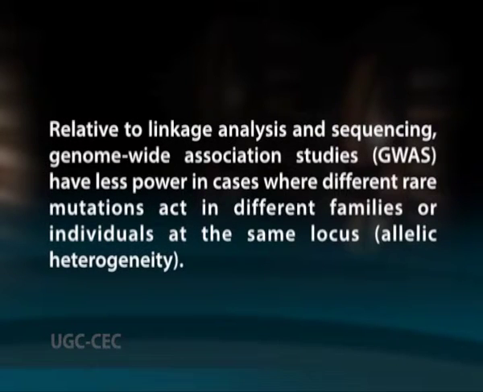Relative to linkage analysis and sequencing, genome-wide association studies have less power in cases where different rare mutations act in different families or individuals at the same locus, that is allelic heterogeneity. However, they are far more sensitive than family studies to complex polygenic associations in which a phenotype is associated with the joint effect of many weakly contributing variants across different loci, that is locus heterogeneity.